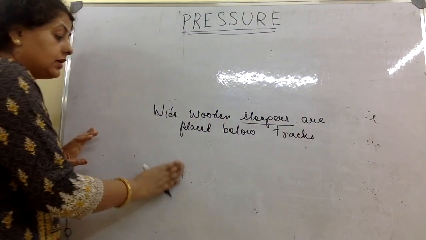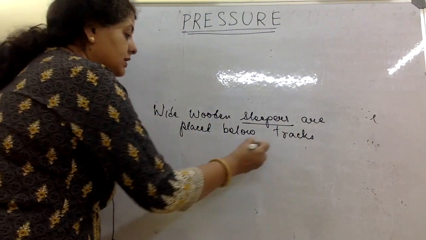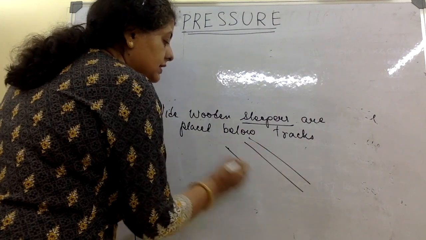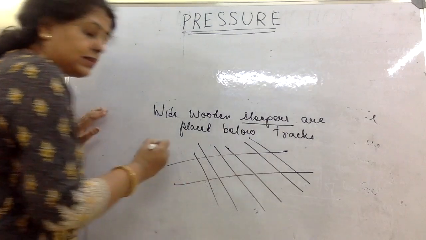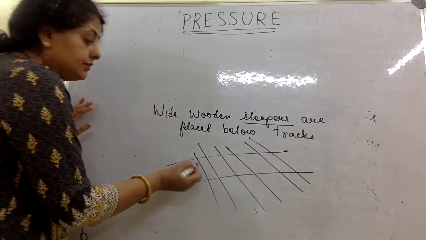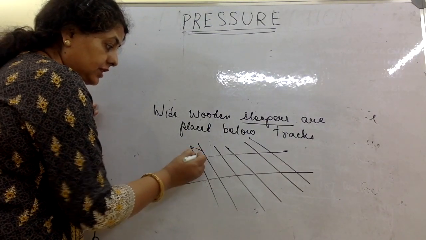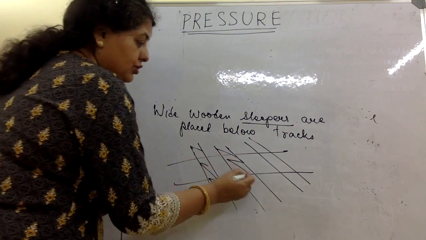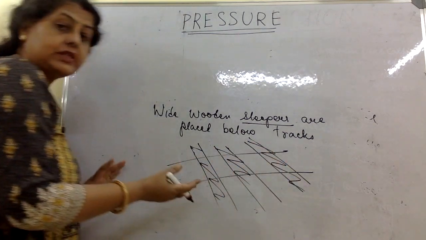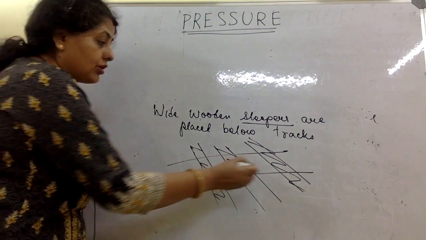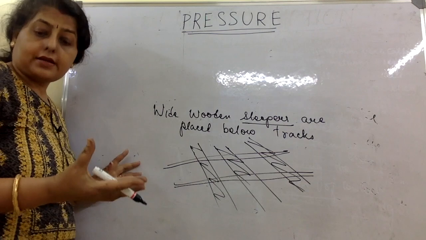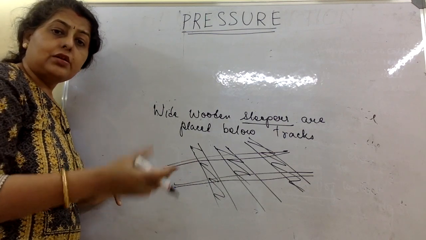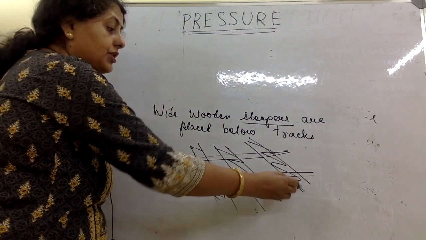You must have seen things like this, and on this you have the railway lines. Yes, these are made out of wood. Whenever you have been on a train, you must have seen these. On this is the metallic track of the train. So these are the wooden sleepers.